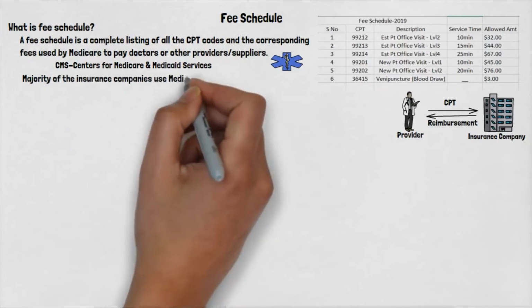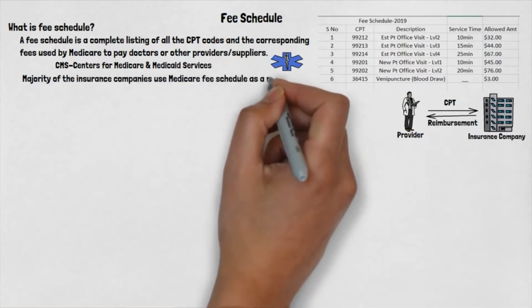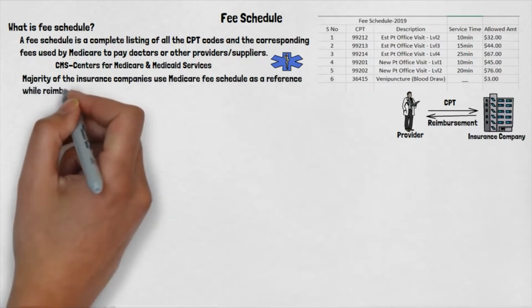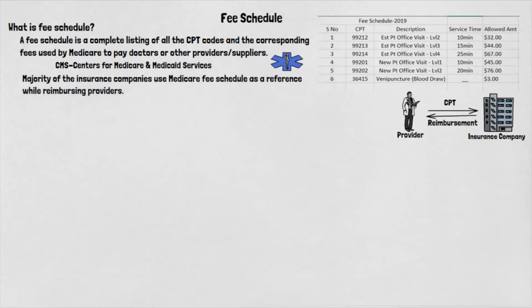The majority of the insurance companies use the Medicare fee schedule as a reference while reimbursing providers, which means that most of the commercial or private insurances also use the Medicare fee schedule.